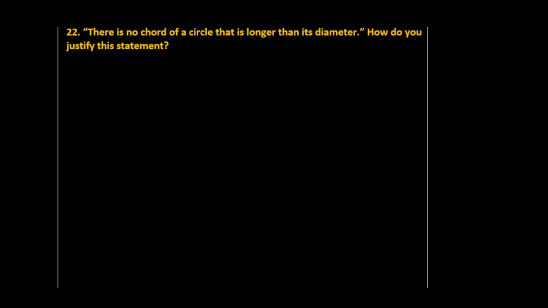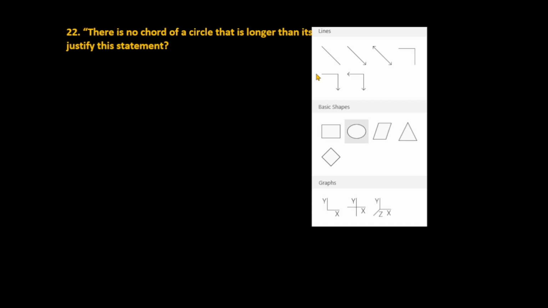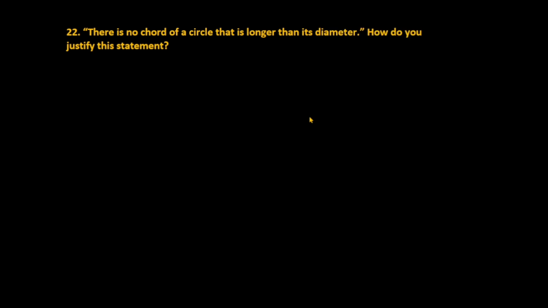22nd question. There is no chord of a circle that is longer than its diameter. How do you justify your answer? Suppose we are taking a circle. This is the circle with center O and a chord.